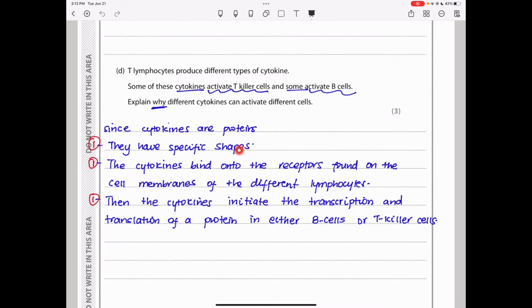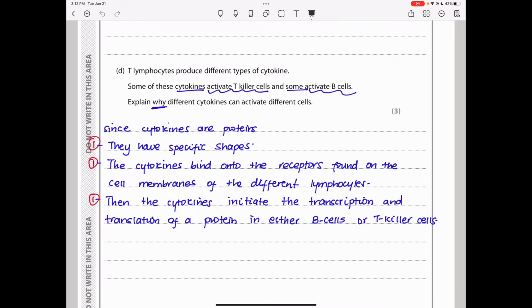And having a specific shape, since they're activating cells, it means there is a receptor found on the membrane of that specific cell that this cytokine is going to activate. So it means different cells are going to have different receptors. So a specific cytokine cannot activate every cell because there are different receptors on every cell.